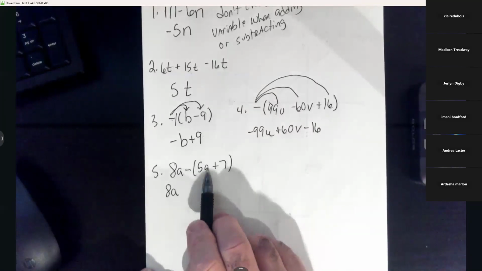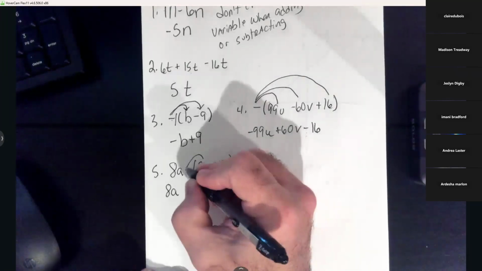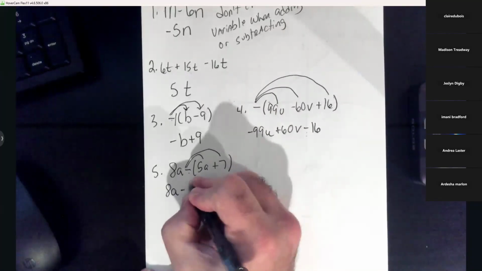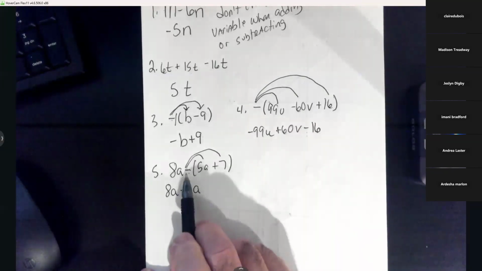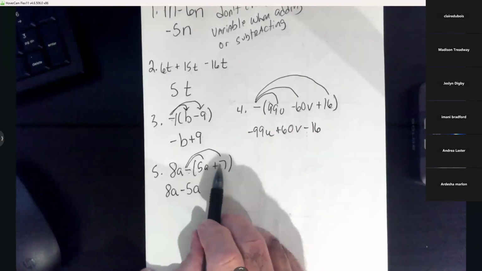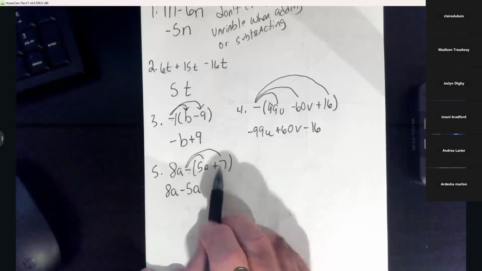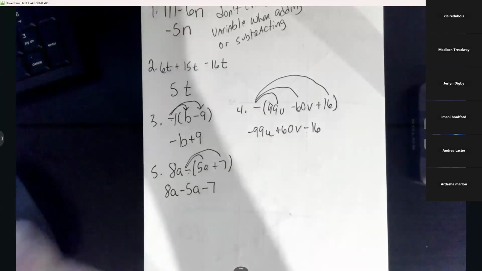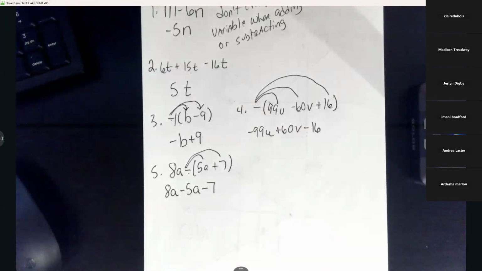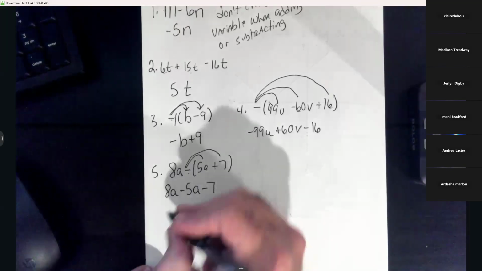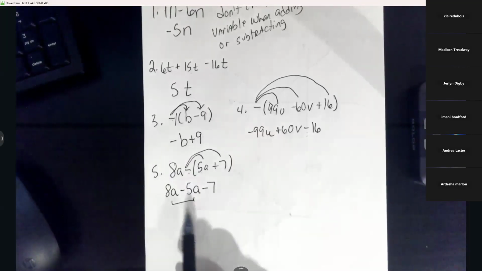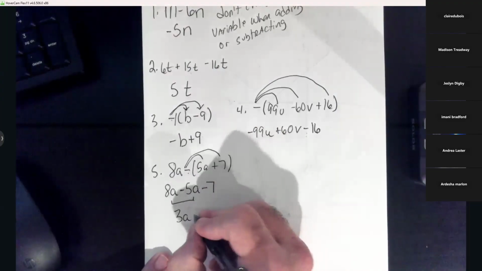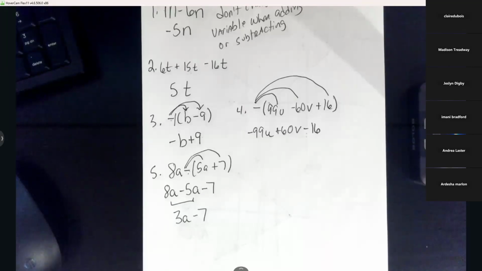Then this negative is going to distribute through here. So the -1 times 5a is a negative 5a. The -1 times a positive 7, negative times a positive makes that a -7. Can I go further? Oh, perfect. Claire found my like terms. So 8a minus 5a gave me a final answer of 3a minus 7. Good job.